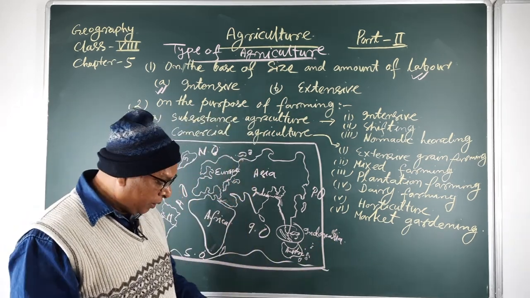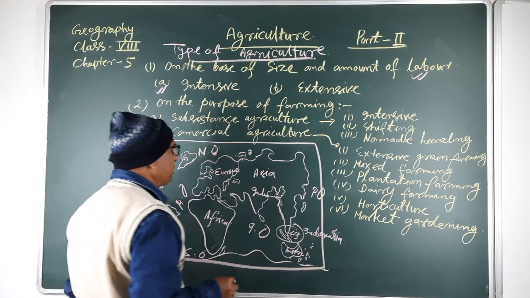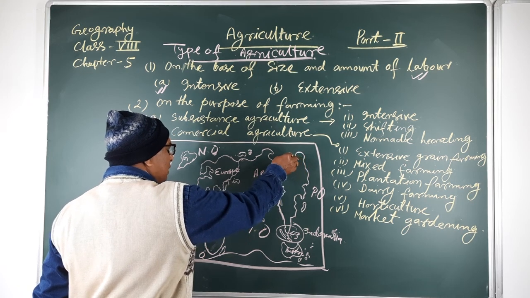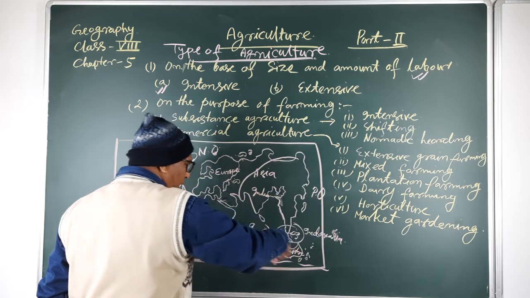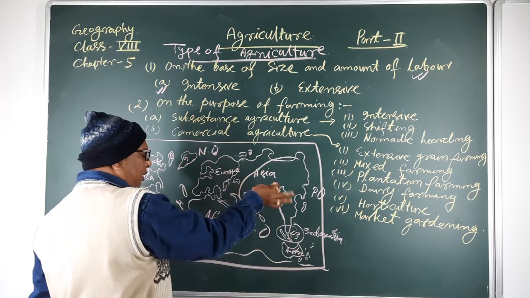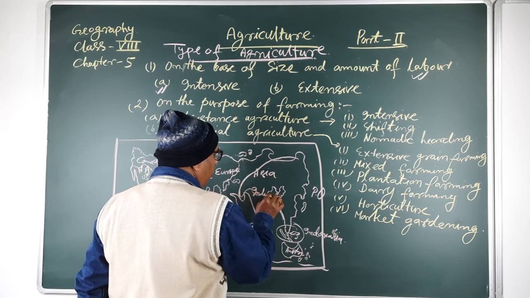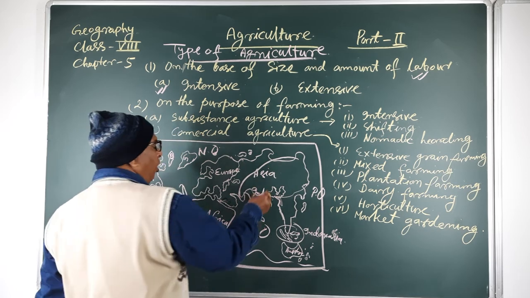In this figure, Jhum agricultural farming is in Northeast Asia. This area is Northeast Asia on the world map. On the world map, these areas cover Northeast Asia.